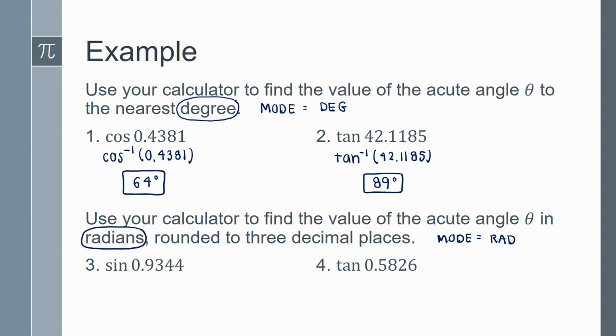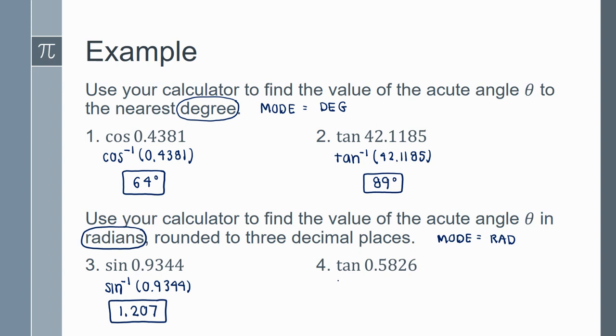Okay, so once I have that highlighted and I'm in radians on my calculator, then for sine, I have to do second sine, so I get the little inverse button, and then we can do our 0.9344, and it says round to 3 decimal places. So second sine, 0.9344. Rounding to 3 decimal places, we should be getting 1.207 because it's 6.5, so that means that the 5 is rounding the 6 up.